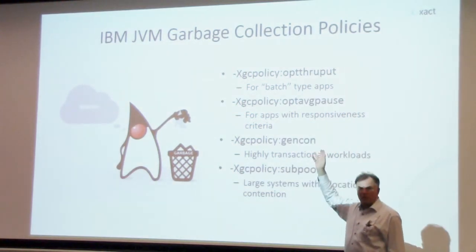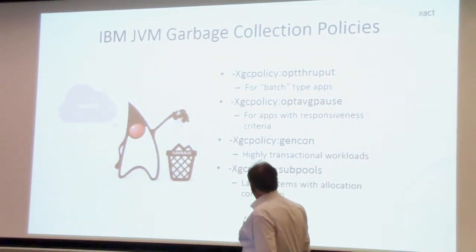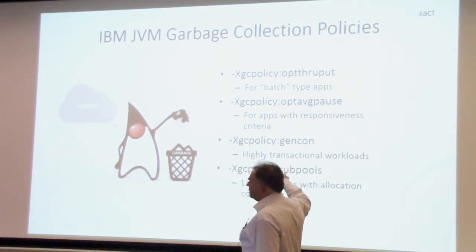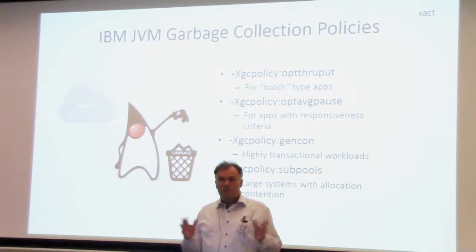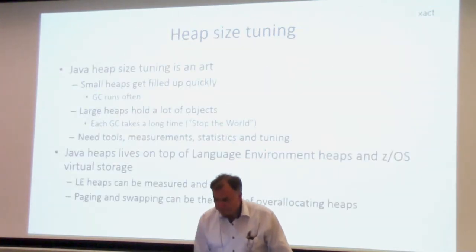You have to experiment with which gives you the best performance in your large applications. Normally in Kix and many other places, GenCon is the optimal to do, but if you have performance problems or your garbage collection doesn't work as you want it to, you might have problems there.